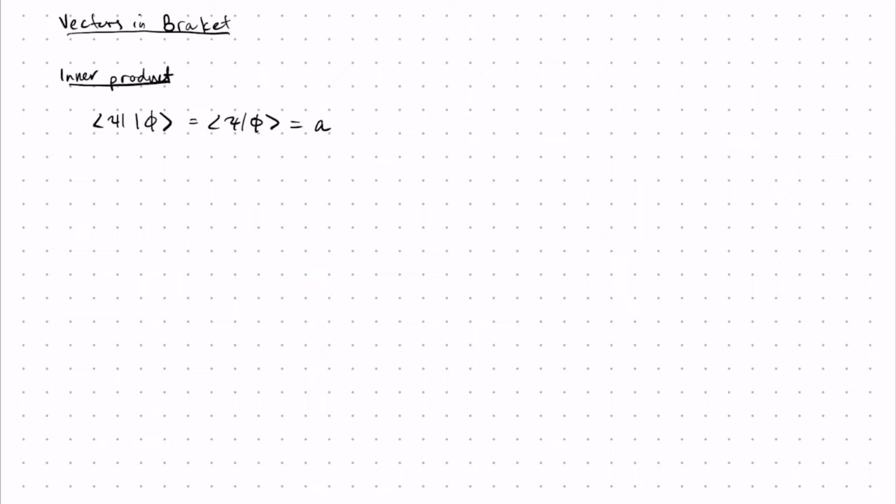In the case of 2D vectors, this would just look like a normal dot product between these two vectors, except that you're taking the complex conjugate of whichever vector corresponds to the bra.